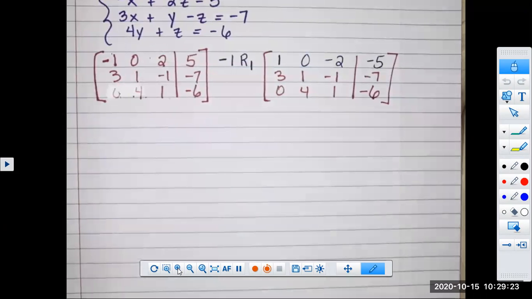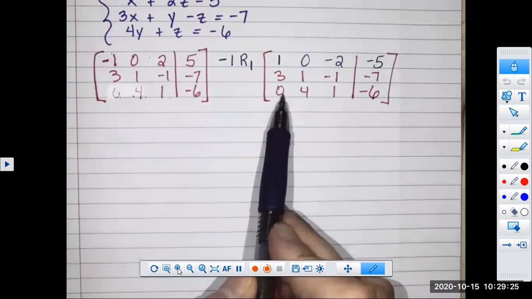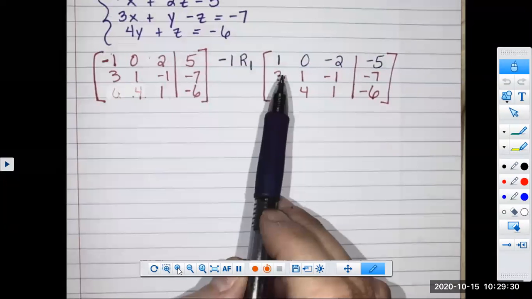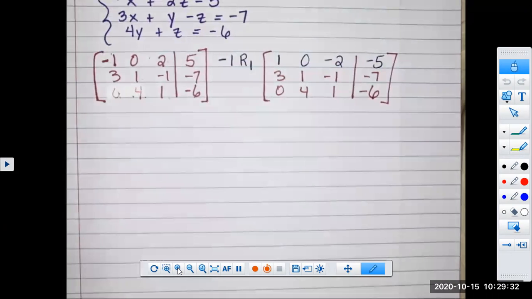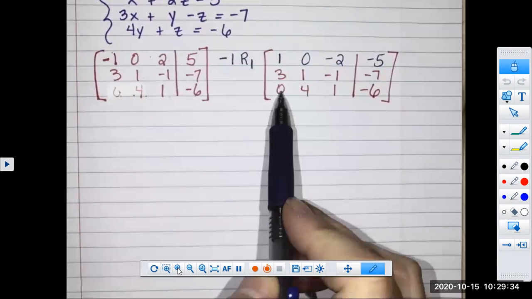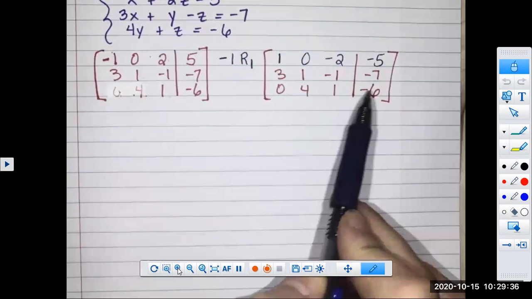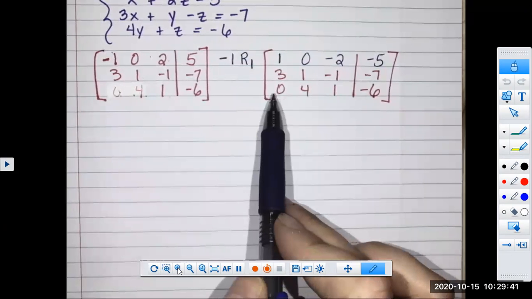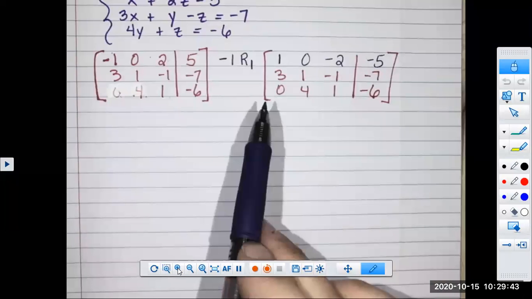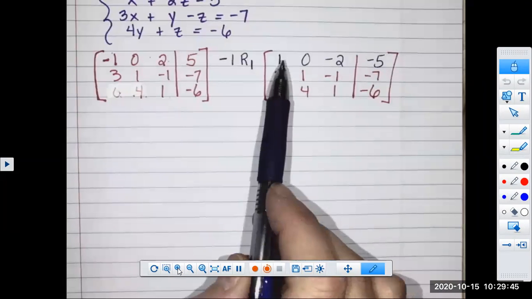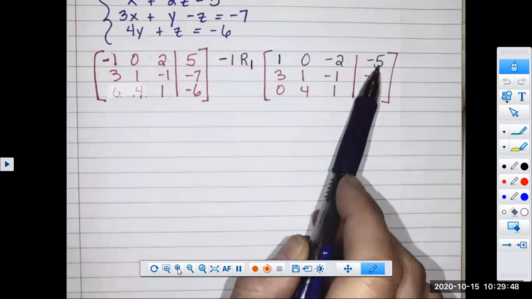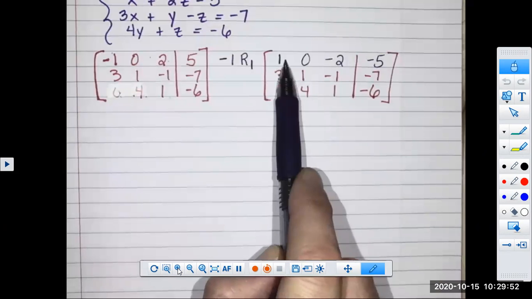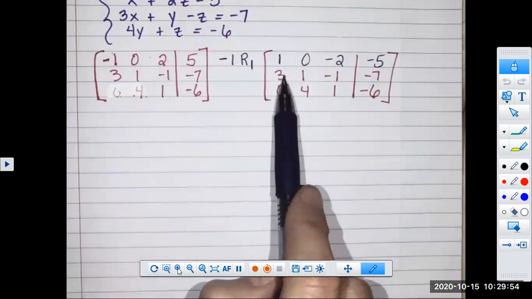We're in luck here because this number is already 0, and that's what you want. But we somehow got to get 3 to become 0. Notice since this is 0, I can't multiply this by anything and add it to this row because 0 times anything is 0. So then I have to look at using row 1. Tell me what would this number have to be to add it to this to get 0?